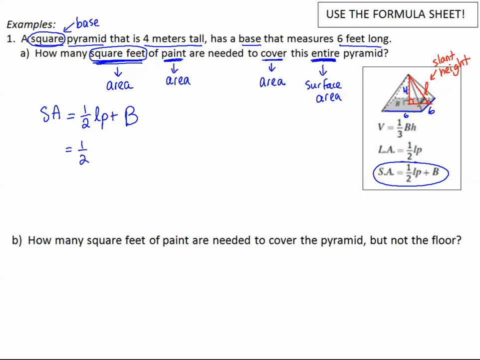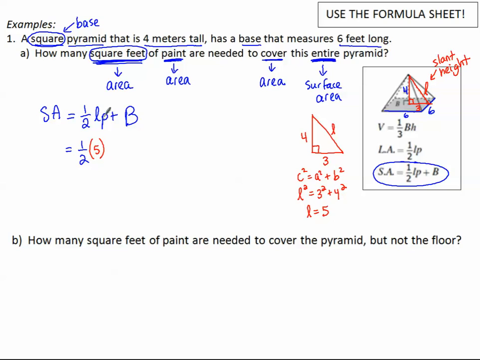The length of the base is 6, so halfway across is 3. Notice that picture? That's a right triangle. 3 here, 4 here. How do we find that missing side? Pythagorean theorem, c squared equals a squared plus b squared. C is that missing hypotenuse, which we're calling L, the slant height. So L squared equals 3 squared plus 4 squared. If you know your triple, 3, 4, 5, it's a lot faster. L equals 5. So we can put 5 in for L.